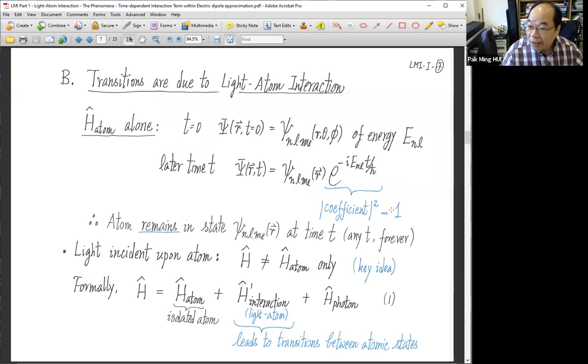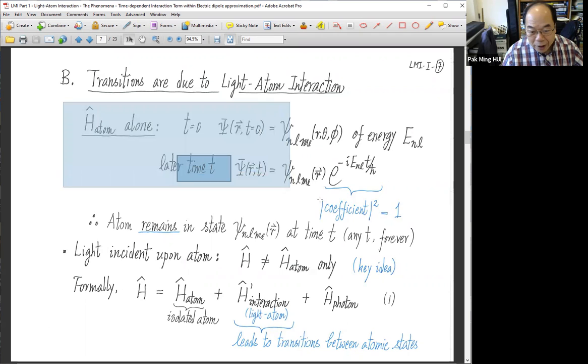Therefore, that is the statement that I was trying to make for the spontaneous emission mystery. So, if initially the system is in an energy eigenstate, at any later time t, it remains 100% certain in that energy eigenstate.